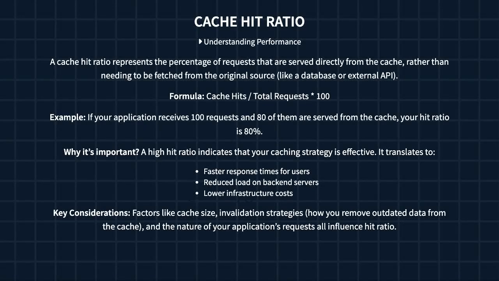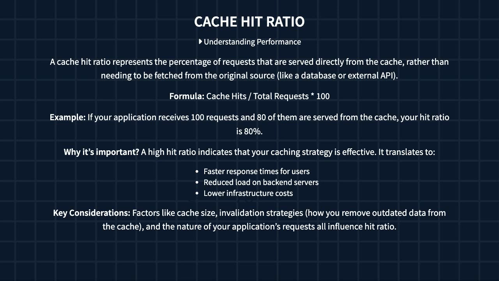Okay, let's talk about cache hit ratios. They're super important for understanding how well your caching is actually working. Essentially, it tells you what percentage of times the user gets their data directly from the cache instead of having to go all the way back to the original source. It's calculated by dividing the number of successful cache hits by the total number of requests.